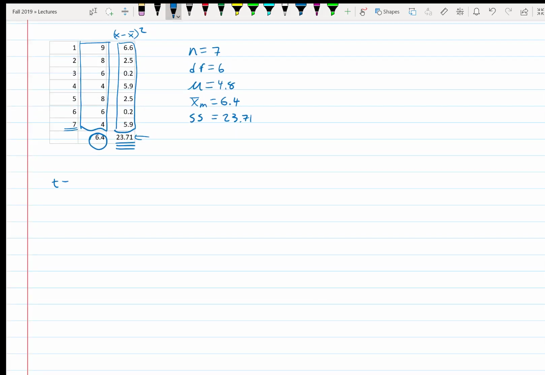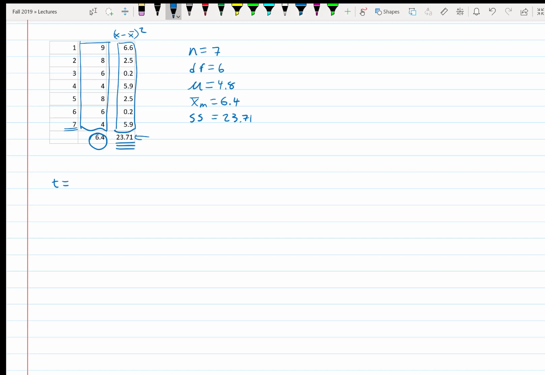All right, so what do we do now? Well, we're going to calculate a t-statistic. First question: is this problem a single sample that we're comparing to a population mean? Do we have two independent samples, two samples of different people that we're comparing? Or do we have two means drawn from the same group of people, the same sample with two different treatments that we're comparing?